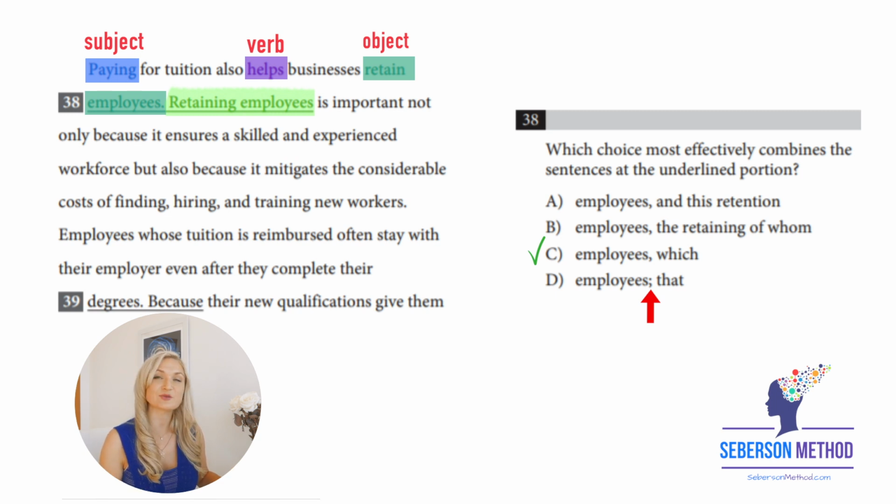So the most concise way to do this would be with C, and we're not changing any meaning, we're using pure punctuation, and it doesn't really make sense to go from two independent clauses to two independent clauses that are separated with a semicolon. It's often not the right answer. So the right answer here is C.